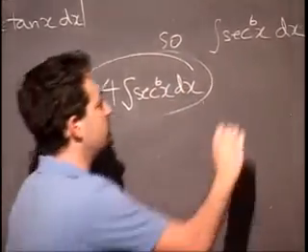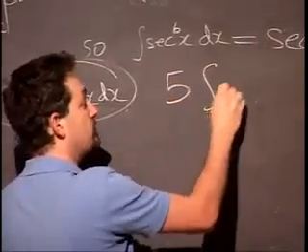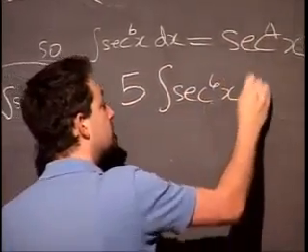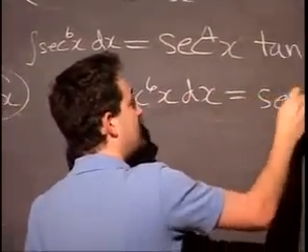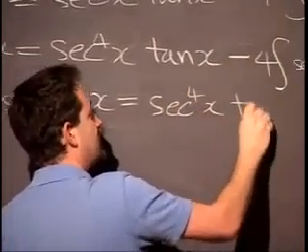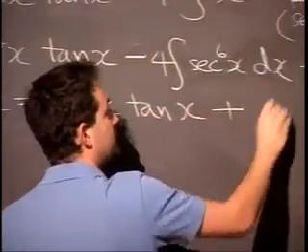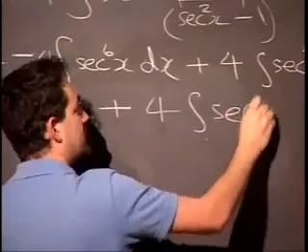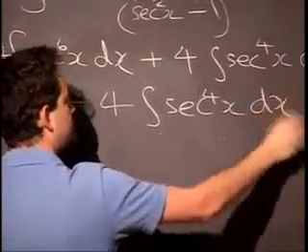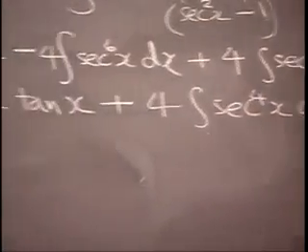And this will give us 5 times the integral we want is secant to the 4th x tan x just plus 4 integral of secant to the 4th x. And you divide by 5.